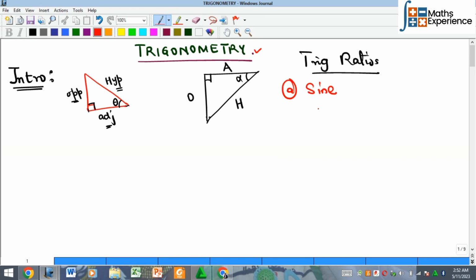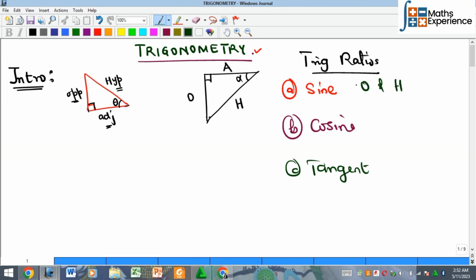Each of these trig ratios gives us a relationship between two sides of the triangle. So we have the sine, the cosine, and the third called the tangent. The sine connects the opposite and the hypotenuse, while the cosine connects the adjacent and the hypotenuse, and the tangent connects the opposite and the adjacent of the triangle.